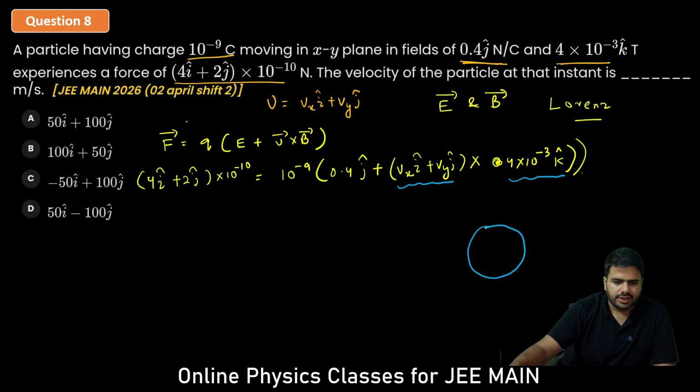Before going into that, we all know the cross product rules, with i cap, j cap, and k cap. We are going to do i cap cross k cap. How much are we going to get? I cap cross k cap, if we do, we'll get minus j cap. Similarly, we are also going to do j cap cross k cap, and we get i cap.